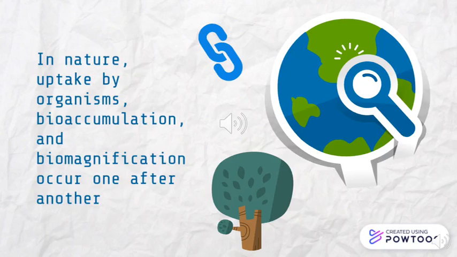When an organism ingests contaminated food, for example, and does so several times, the chemicals are stored and concentrated in their tissue because the chemicals are not needed by their body. So, this is bioaccumulation. Then, a predator will feed on the organisms, causing the chemical concentration to be magnified, and this process continues until higher trophic levels.